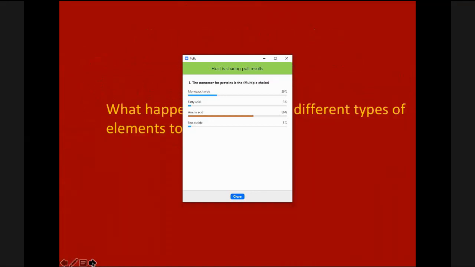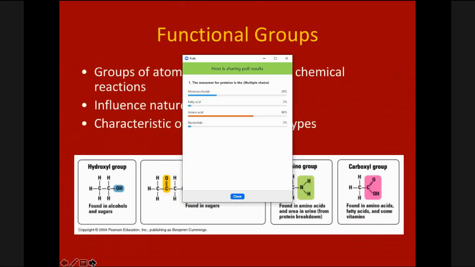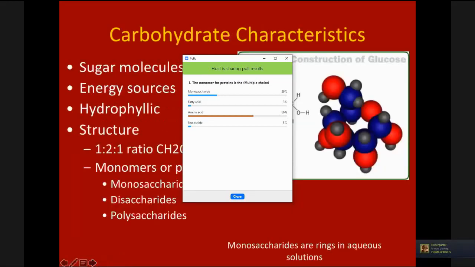So we talked about how you can swap off a hydrogen and add a functional group in order to change the category and the property of the molecules of hydrocarbons, right? So functional groups we're going to see in all of our types of molecules. They are clusters of atoms that are reactive and influence the property of the molecule. So we'll talk a tiny bit about functional groups some more today.